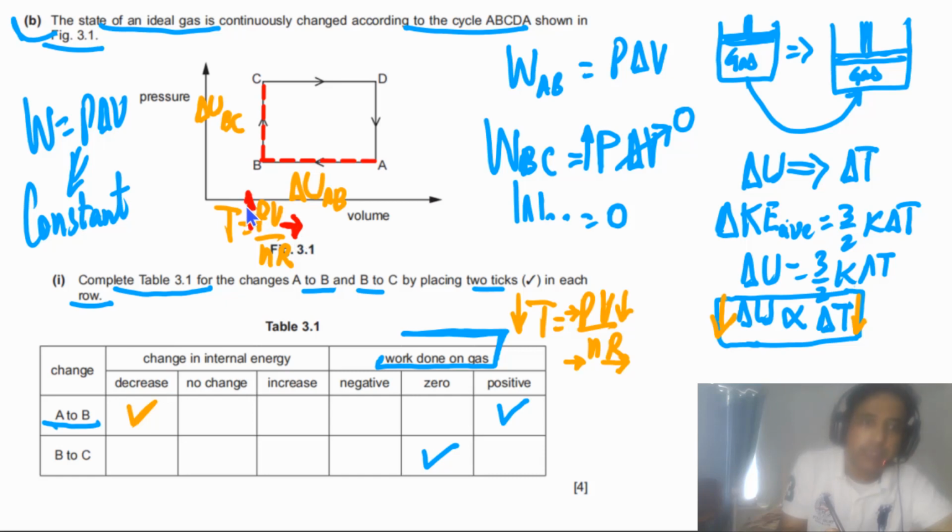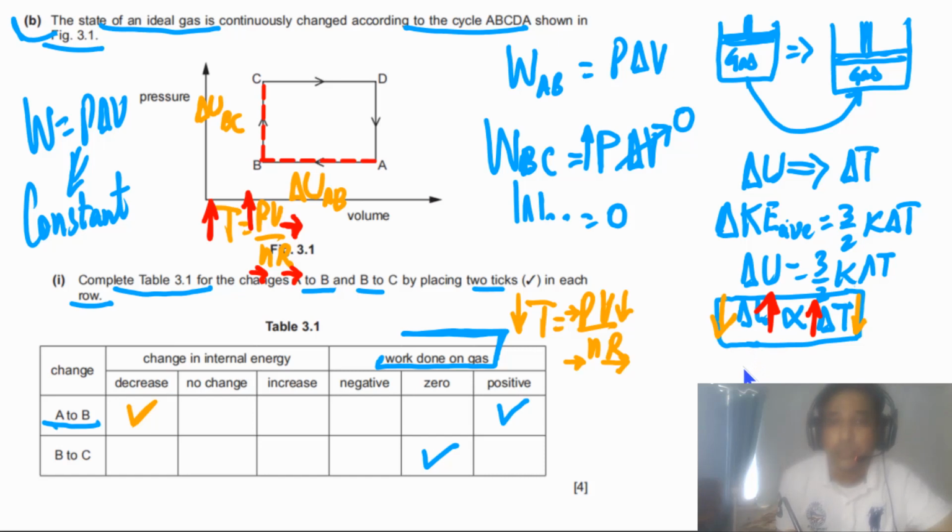But pressure is increasing, and N is a constant, R is also constant. So as P is increasing, it means T is increasing. So it simply means that delta T is increasing. If delta T is increasing, it means delta U is also increasing. So simply this one is increasing. So this is a beautiful way how you can answer this type of problems.